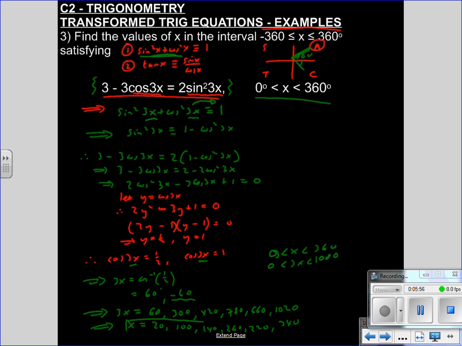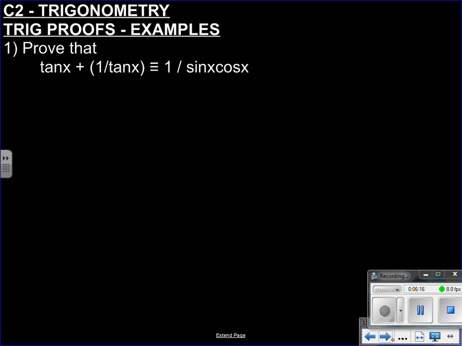There we go, solved. So that's how you can build a quadratic expression by using that identity, and then let cos or sine equal y, convert it back, and then it's a normal trig solve.